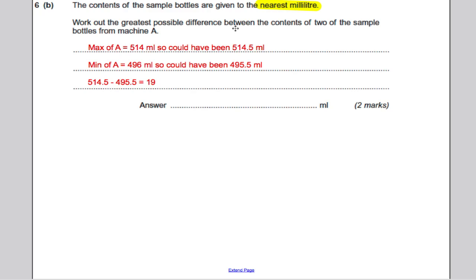So 19 milliliters is the greatest possible difference between the contents of 2 of the sample bottles. In general, if it's to the nearest millimeter, you halve that milliliter and add it on to give you the maximum, and take it away from the lowest to get the minimum.